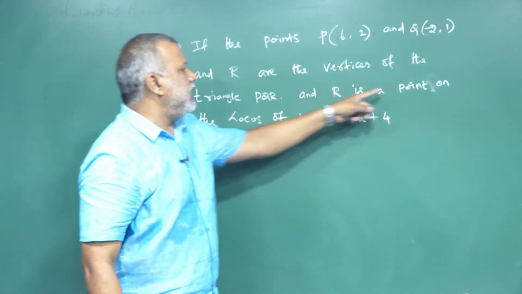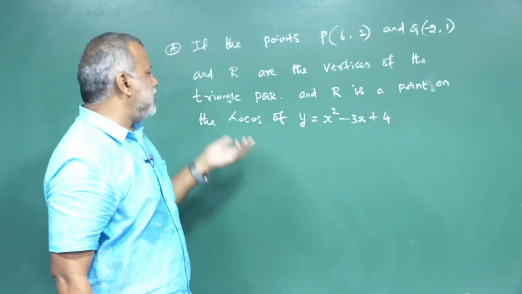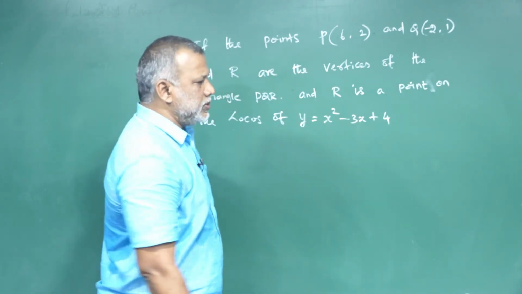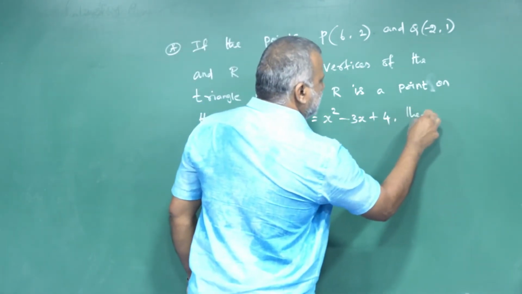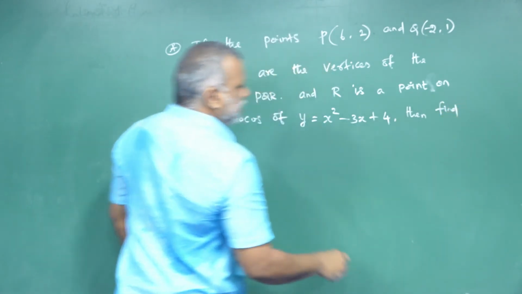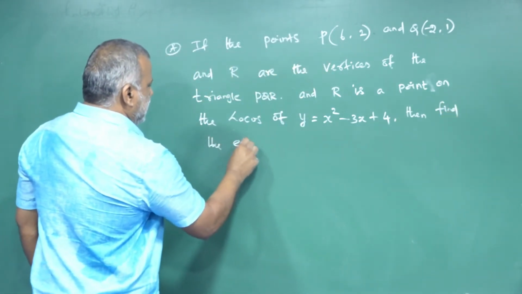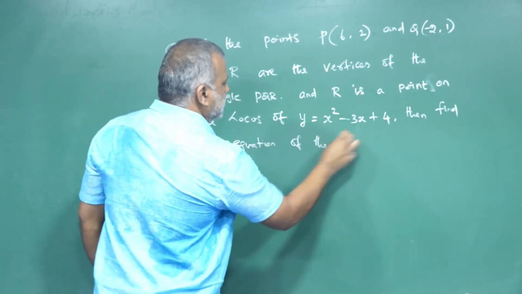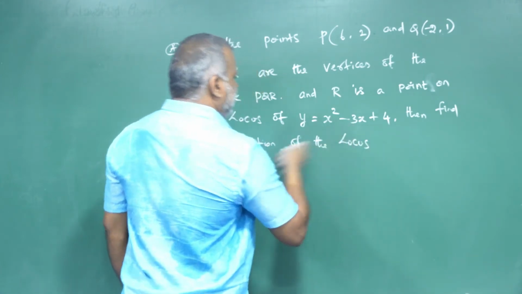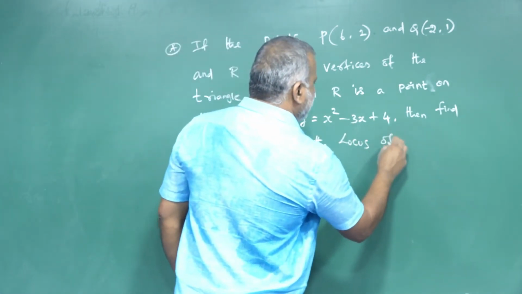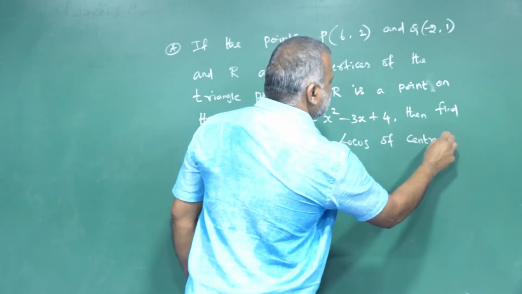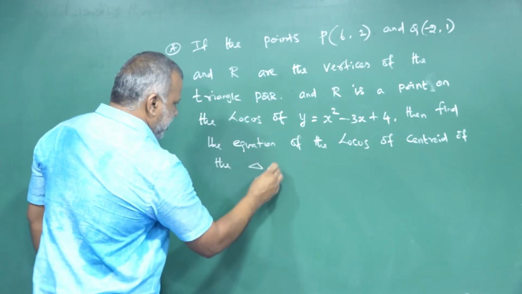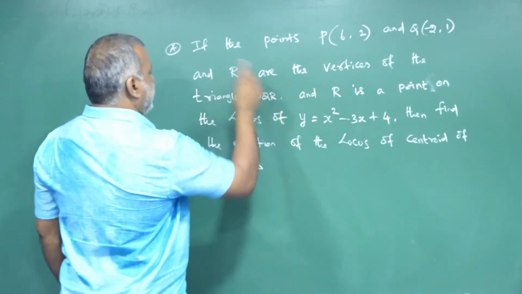So R is a point on the locus. The locus is nothing but the equation y equal to x squared minus 3x plus 4. Then find the equation of the locus of the centroid of the triangle. What is the triangle name? PQR.